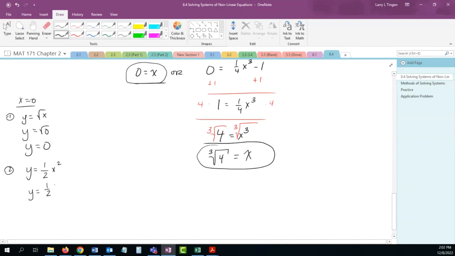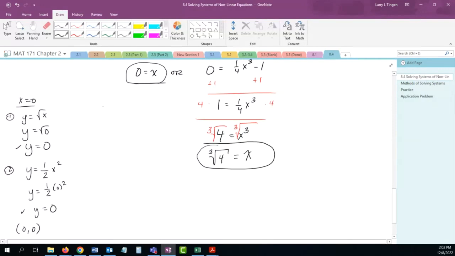So this y is 1/2 times 0 squared. 0 squared is 0, 1/2 times 0 is 0. These match, so that means (0, 0) is a solution to the system.